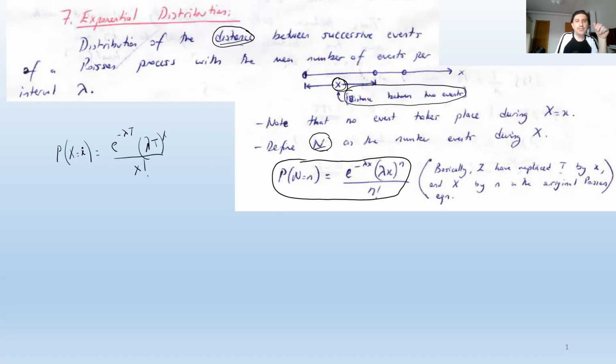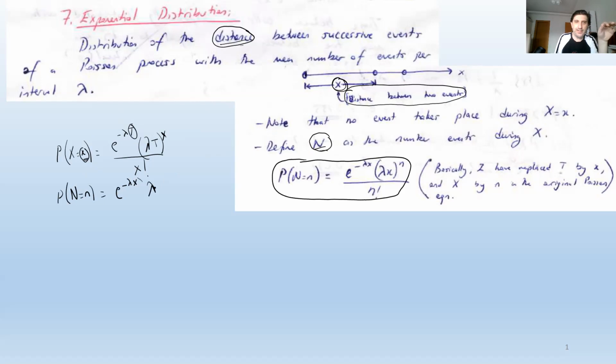In the previous notation, x denoted the number of calls, and t was the time segment we were interested in. The number of calls was the random variable. Here the roles are changed. I just replaced t and x, and changed x by n. So the expected number of calls in this case is going to be equal to lambda times x, where x is the time interval I'm interested in.